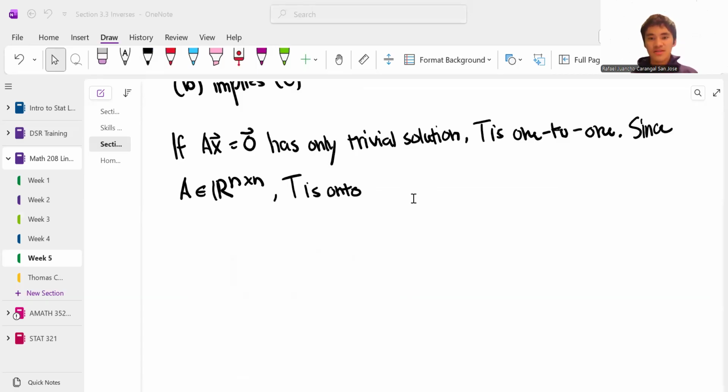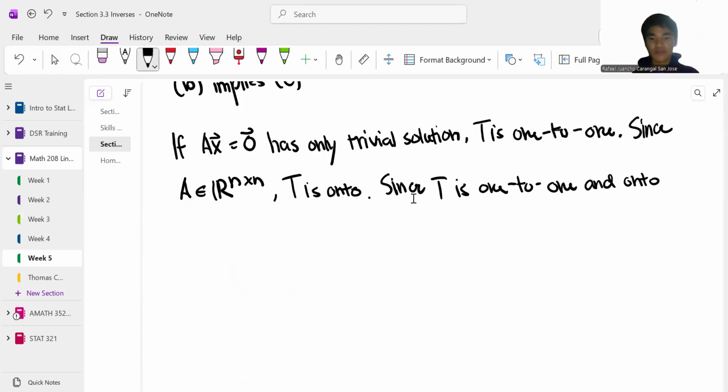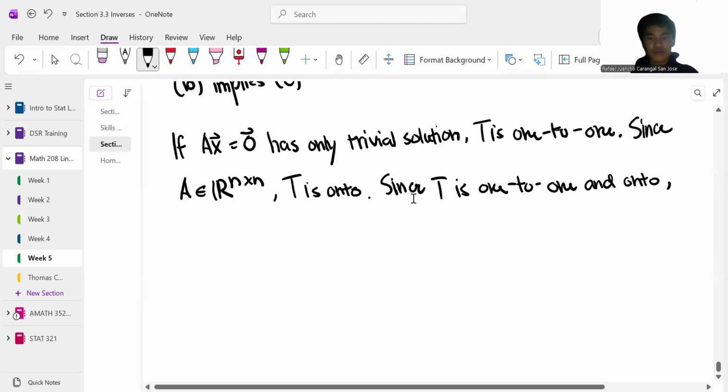We're just connecting here the points that we made. So since T is 1 to 1, and it's also onto, what does that mean? T is invertible.